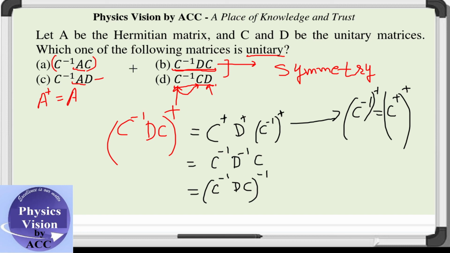This will give us the above term back, since the inverse of the last term is this one and the inverse of the first term is this one. Okay, so we get the unitary dagger. The dagger is equal to its inverse, hence the given matrix is unitary, therefore option C is correct.